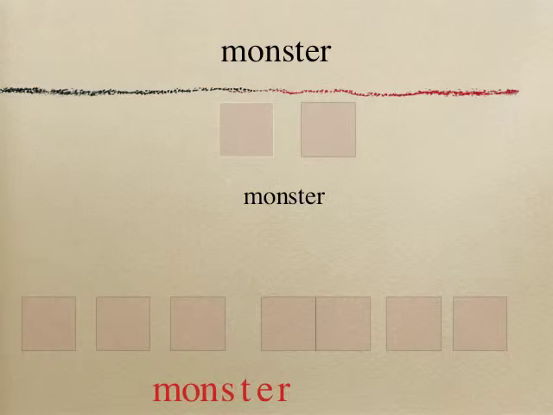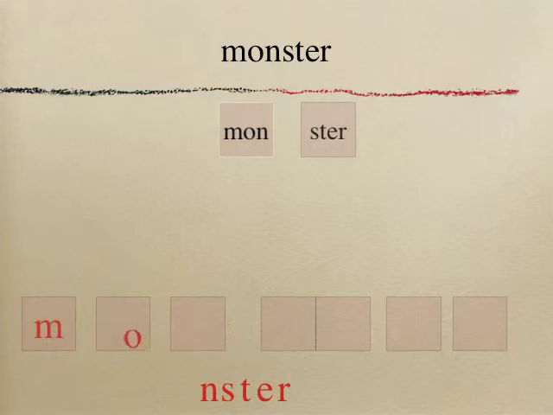Monster. And again, find your vowels. Find your consonants. Split between them. Mon. Stir. Okay, now, first sound we hear, m. On. I should say, n. S. We actually hear sta, don't we?